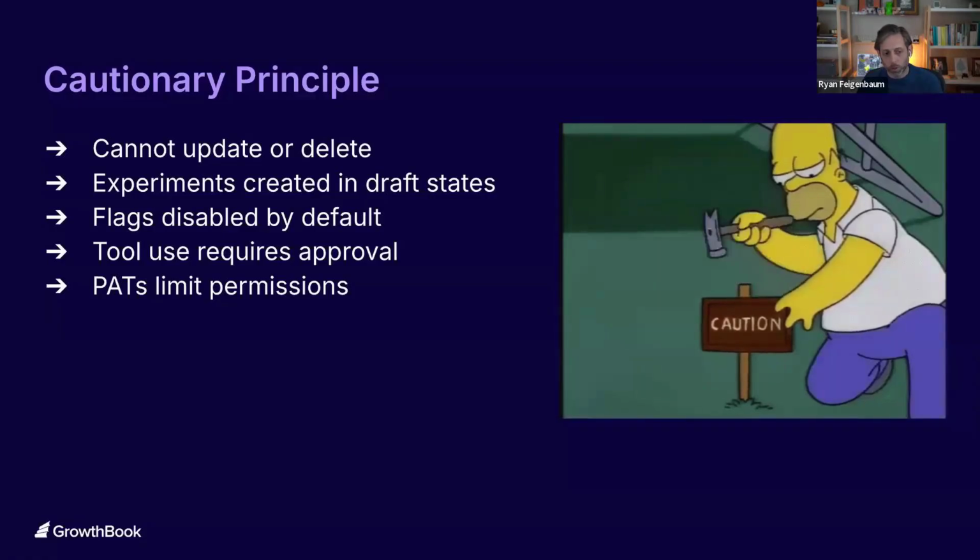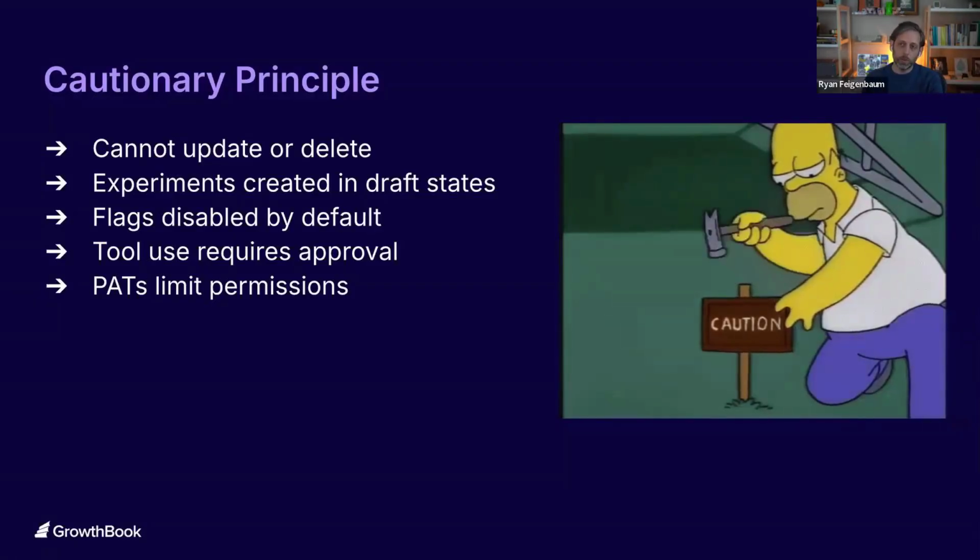Of course, all these tools also require human intervention by default to run. You can turn this off if you want, but you'll see that every time one of these tools wants to run, I have to click the approve button for it to happen. And the other thing that you can do, as I said, is use an API key or a personal access token. The API key gives the AI access to everything, which is what you may want.